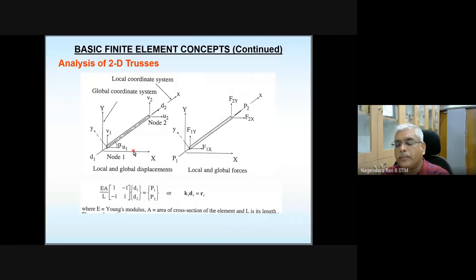Please note that whatever is mentioned, you need to strictly pay attention to that: measured in the counterclockwise direction.